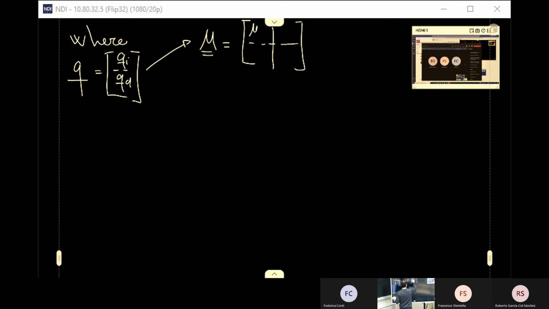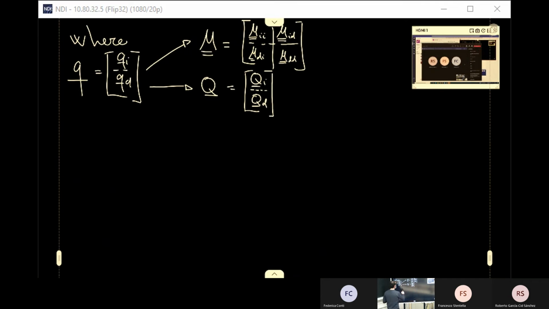Which is M_II, M_ID, M_DI, and M_DD. As long as it is applied to this one, all right? For the same reason, we have the vector of external forces plus the quadratic velocity vector gets split into 2. So you have Qi and Qd.